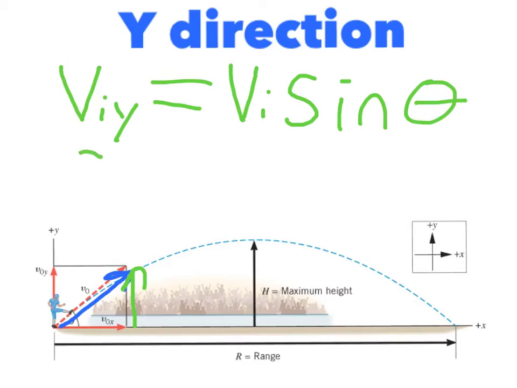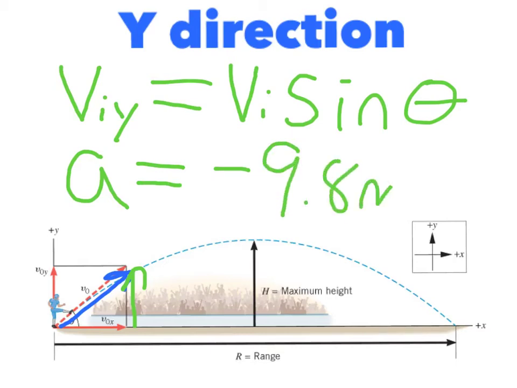And acceleration in the y direction is equal to what? That's right, negative 9.8 meters per second squared.